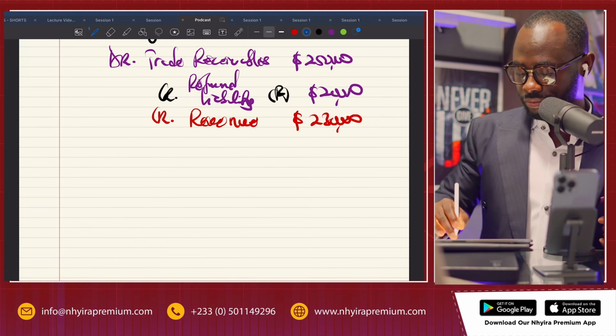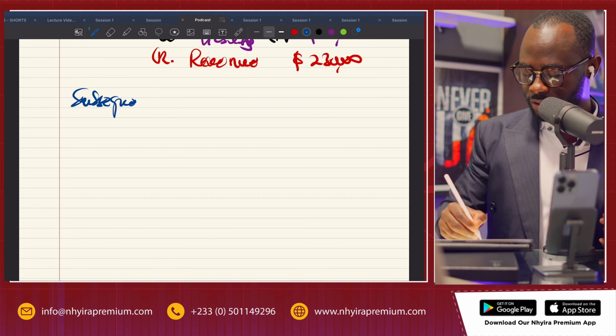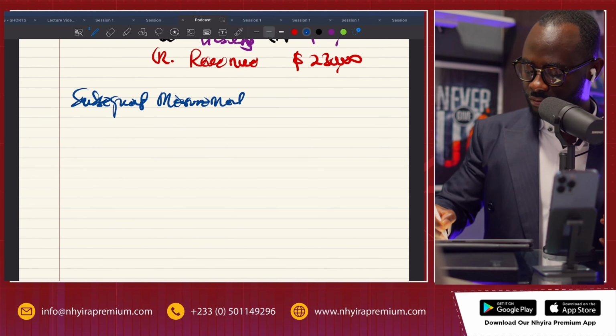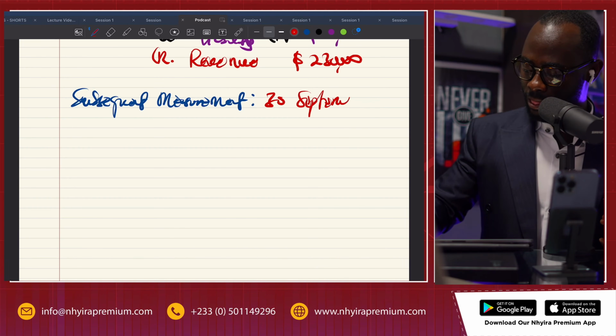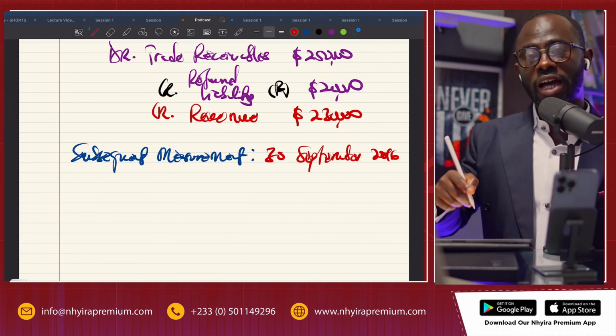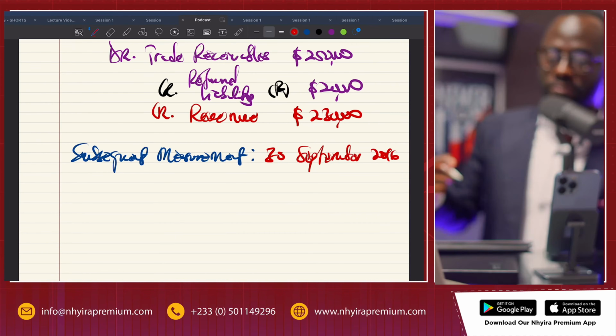So subsequent measurement, what's happening at the reporting date? That is 30th September 2016. Because the trade receivables is a monetary item, we have to translate it at the reporting date.